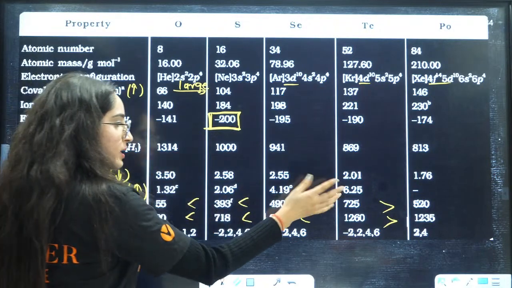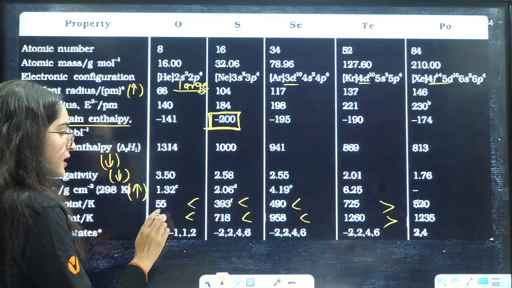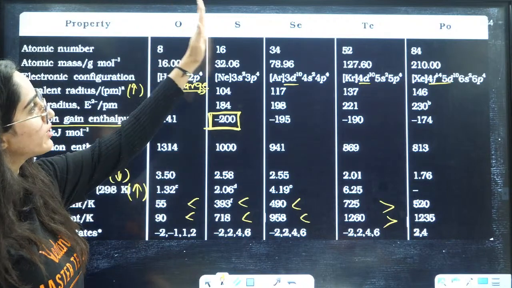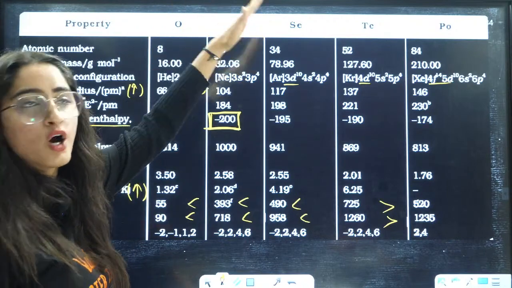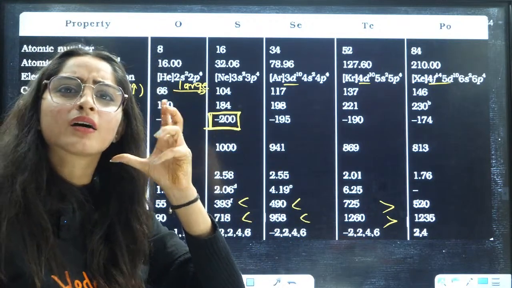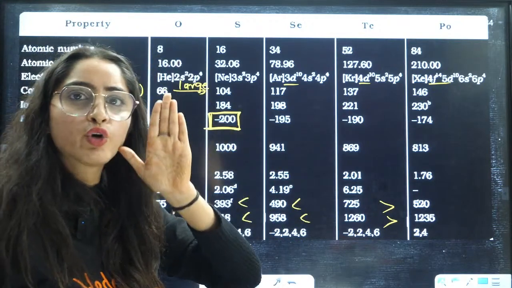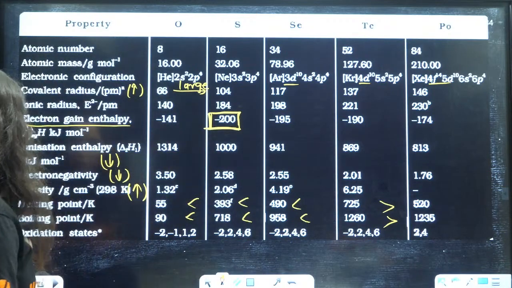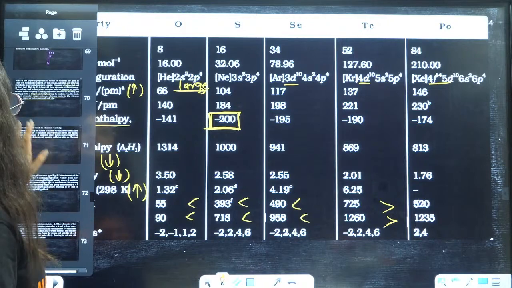Then it is also increasing but at a smaller rate, right? So this large gap is due to the fact that it is existing as O2, and as S8. So it is difficult to break an S8 molecule. It is having a crown kind of shape. It is difficult to break that molecule as compared to O2, right?